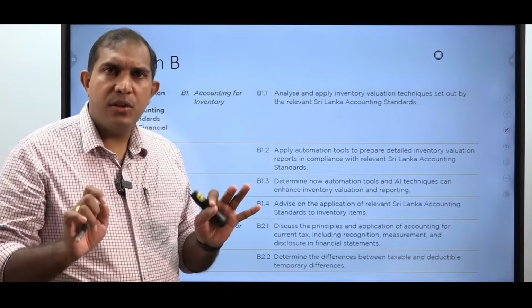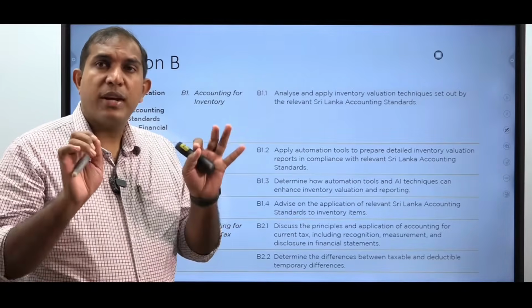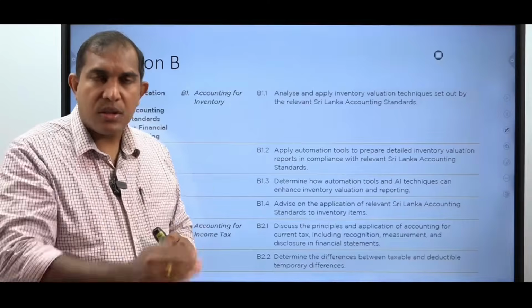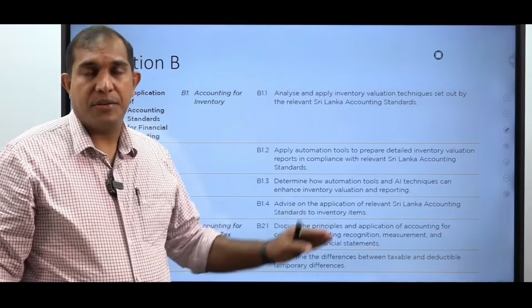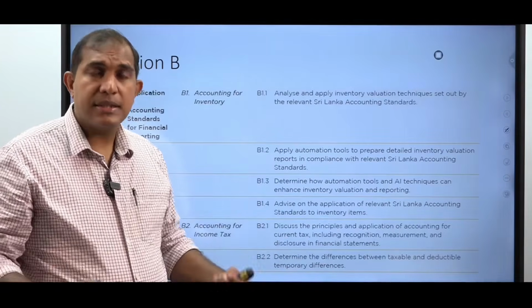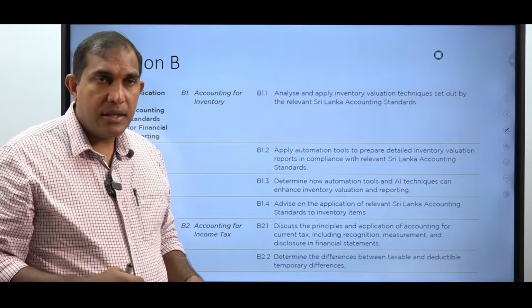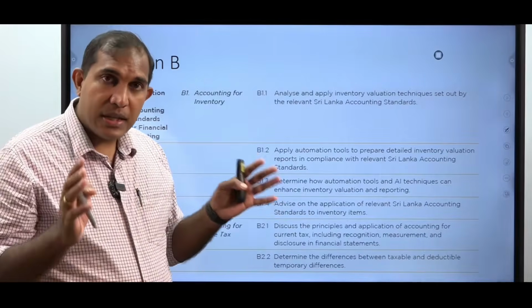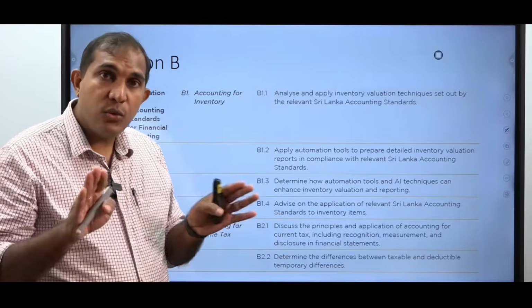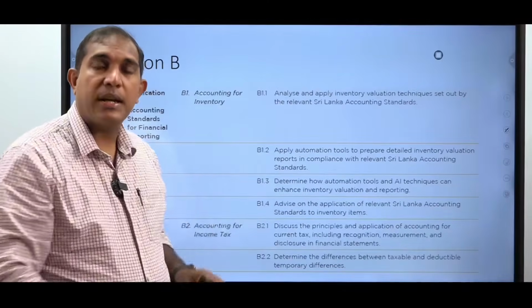Already I have given you a brief explanation on the list of accounting standards applicable to our country. Now we can see what standards are included in this corporate level syllabus.